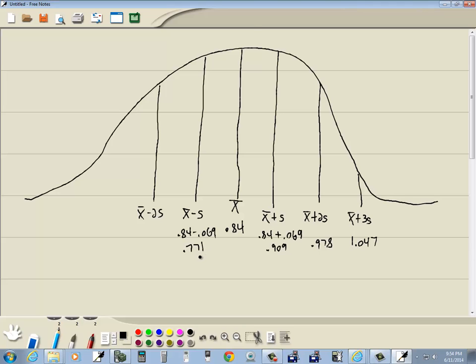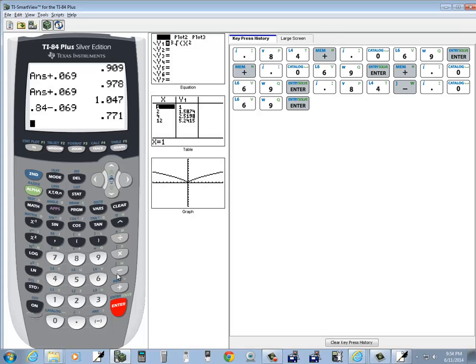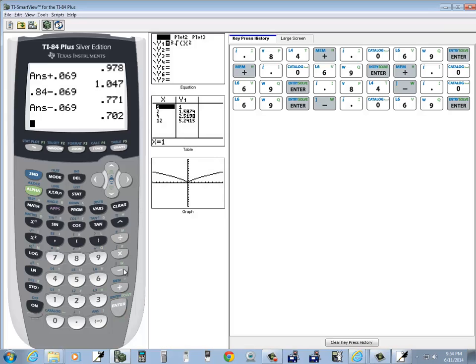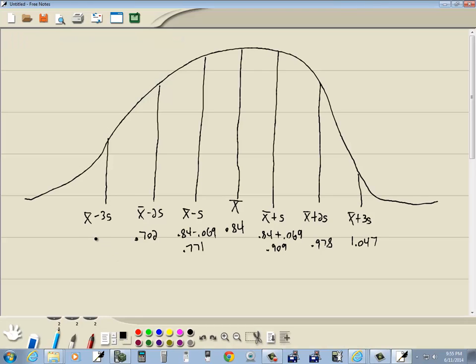We keep subtracting 0.069, and that gives us 0.702. And then this one will be X bar minus 3 standard deviations, and again we keep subtracting 0.069. We get 0.633.